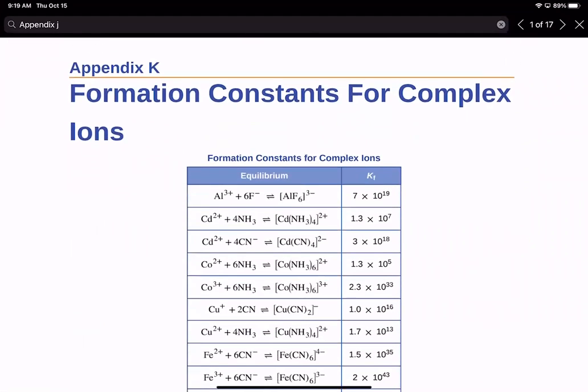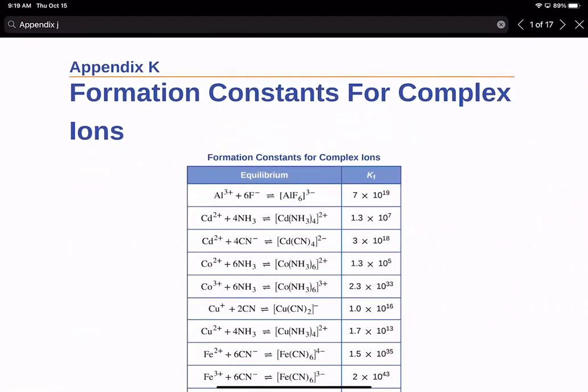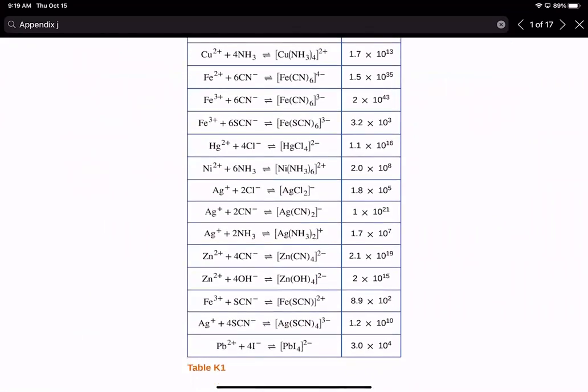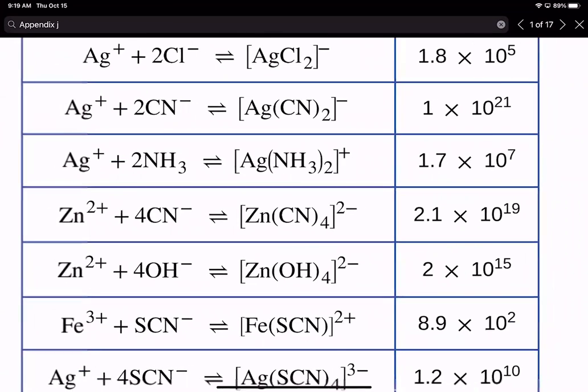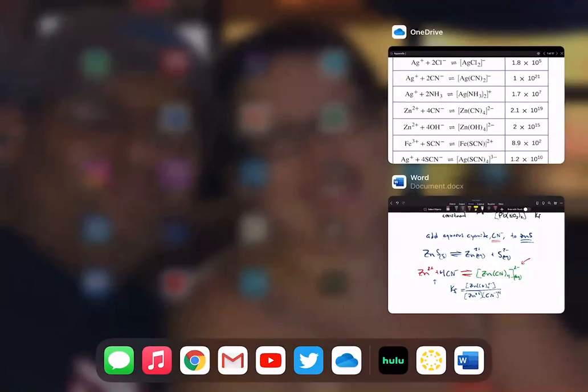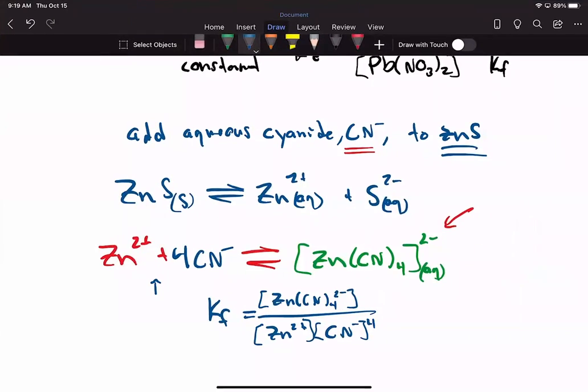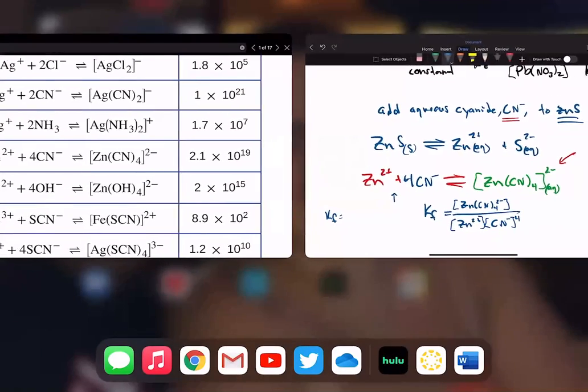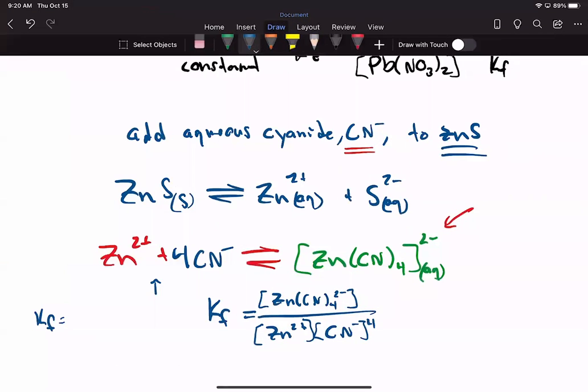Solubility. There they are. So in Appendix K, we'll see our formation complexes. Let's see if we can find zinc cyanide here. There it is. Perfect. Zinc cyanide is 2.1 times 10 to the 19, and that is the formation constant. So we'll write that off to the side. Kf is equal to 2.1 times 10 to the 19.